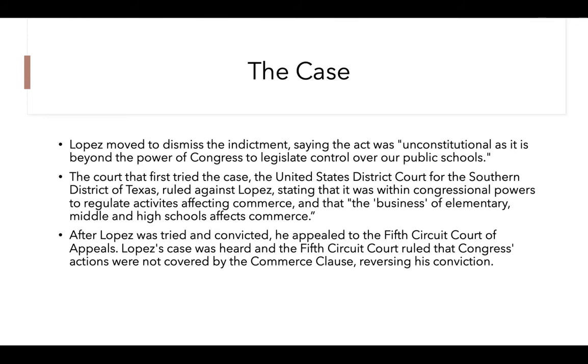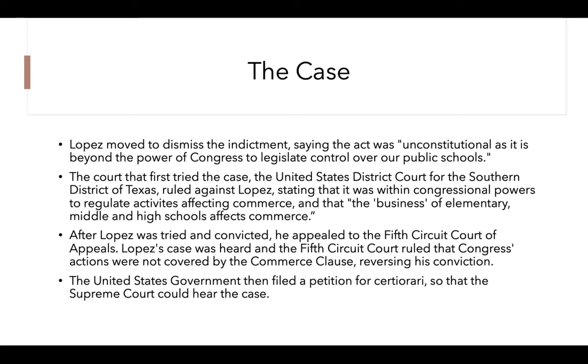So, while his conviction wasn't reversed on the district level, it was reversed on the Circuit Court of Appeals level. Or in other words, the appellate level, it was overturned. Now Lopez becomes a free citizen.